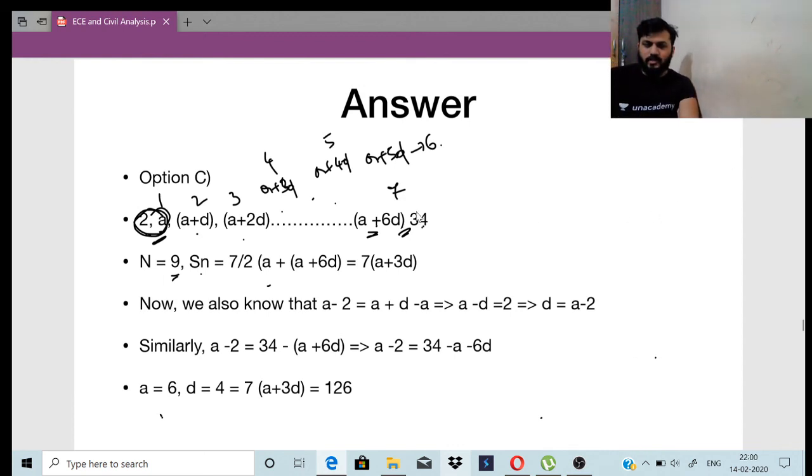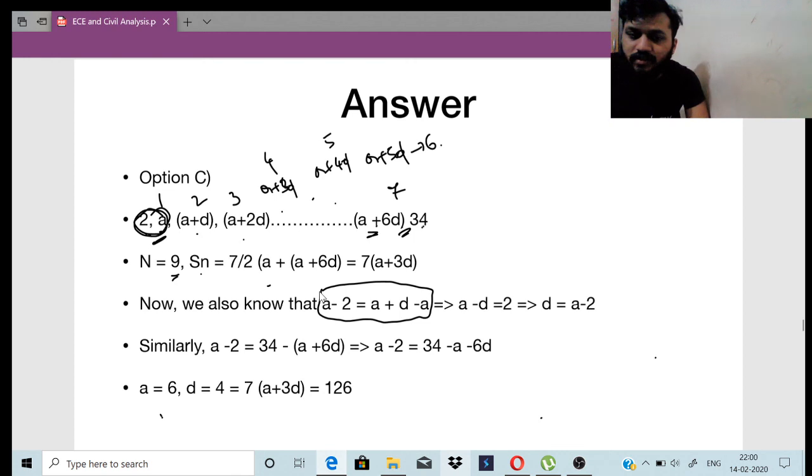This step, right? This is the one you wanted to ask.